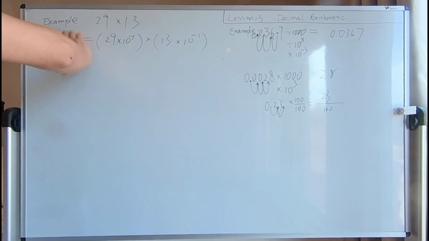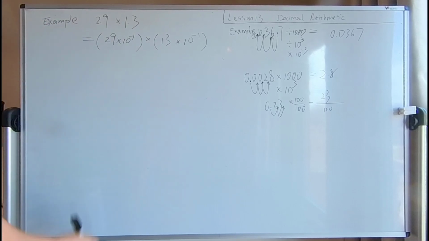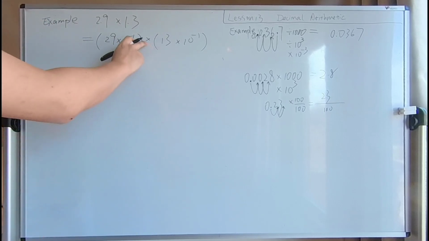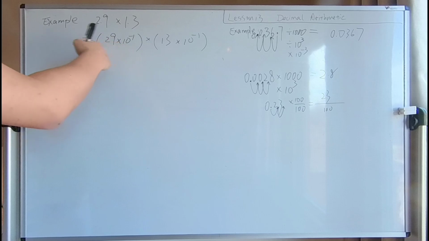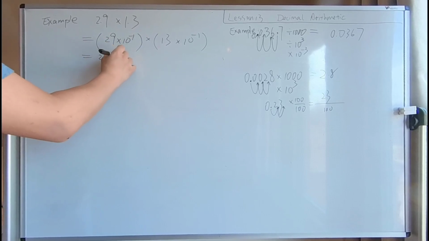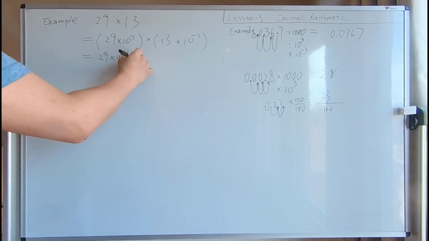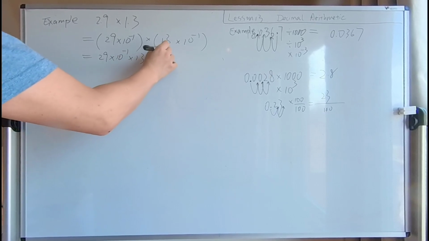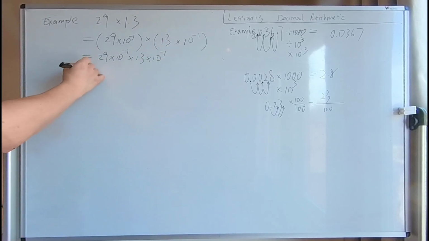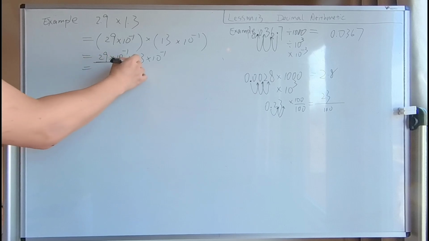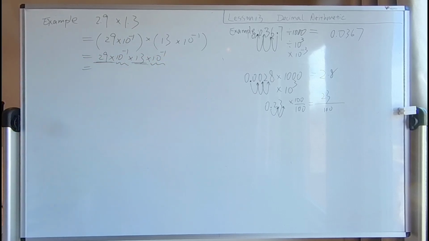And then everything inside or outside the brackets is multiplication, which means I can take off the brackets as is and have 29 times 13 times another 10 to the minus 1. And then I can multiply the integers first and group the rest of the powers of ten together, right?